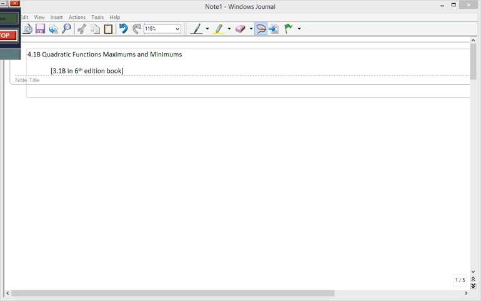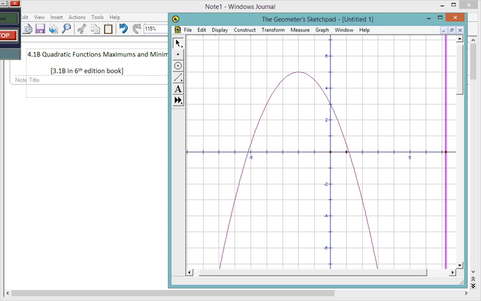To look at that, I want to look at a graph of a pretty simple quadratic. The zeros for this fall right in here somewhere, and we can't really tell from the graph what they are, but we have a formula for it.